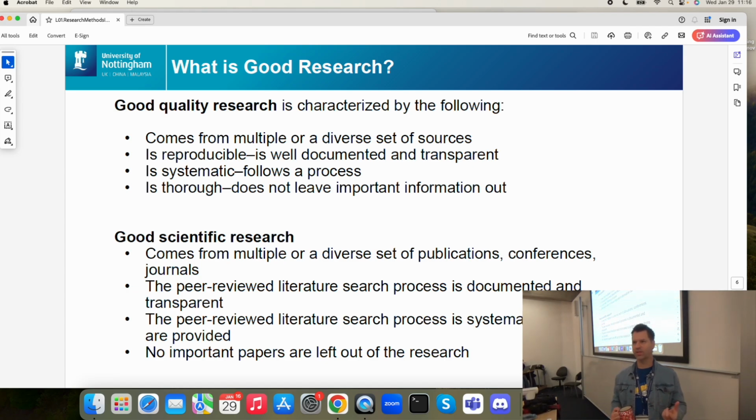And this is one of the skills that we learn in this module, is how do you conduct good research, good quality research, and how do you conduct good scientific research. This is one of the skills you develop in this module, and it's a very unusual skill. For me, it seems quite obvious because I've been doing it for a long time, but when I talk to normal people, I can see that they don't have this skill, generally speaking, and it's a special skill.